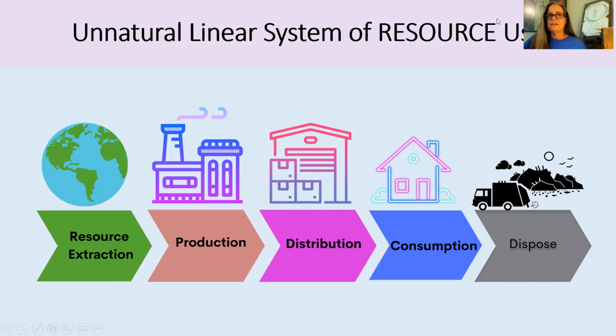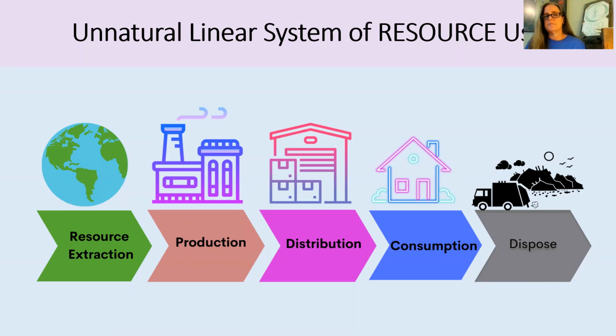Unfortunately, we have, for the most part, an unnatural linear system of resource use where we extract resources from the earth, and through production and distribution, it gets to us, the consumer. We buy the products, we use the packaging, and then we dispose of it all when we're done with it. And this is not how nature works.